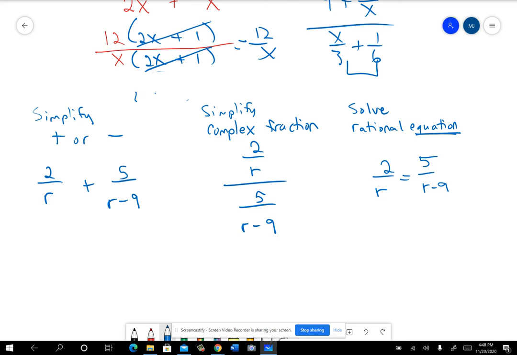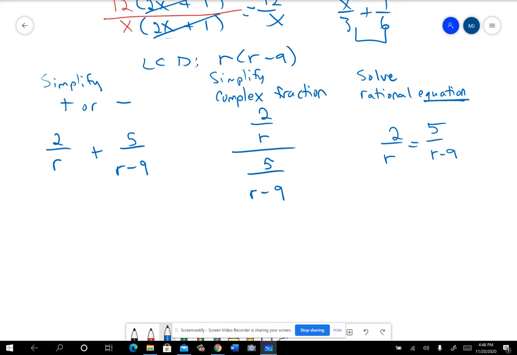The LCD for all the problems below this would be the r and the r minus 9. You'd need both of those. So let's look at the different way in which you use them. For this type, when you're adding or subtracting, you would use the LCD to rewrite each fraction so it had that common denominator.